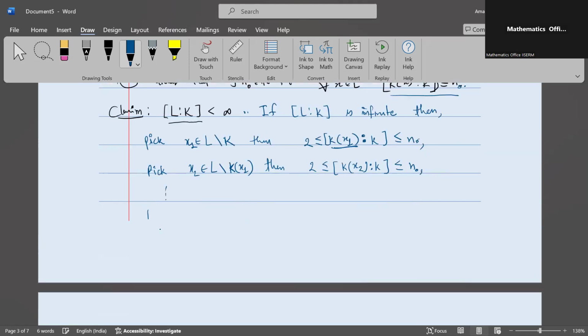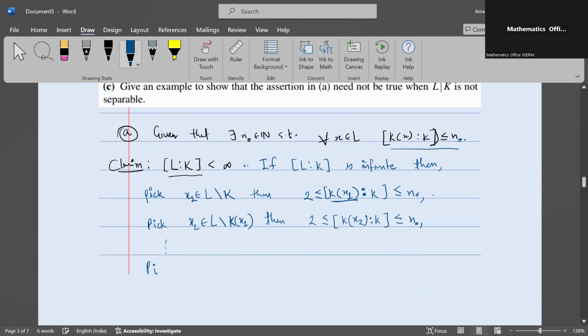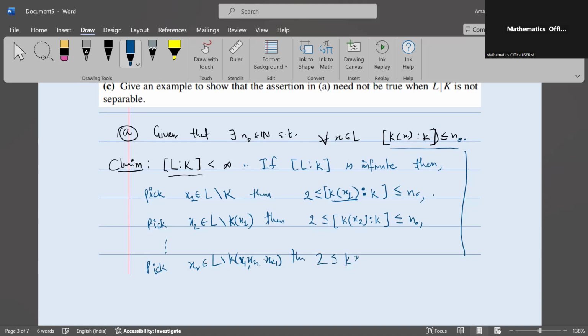Continue like this. Lastly, because n naught is fixed, pick xr belonging to L minus k(x1, x2, up to xr minus 1). Then again 2 is less than or equal to the degree of k(xr) over k.